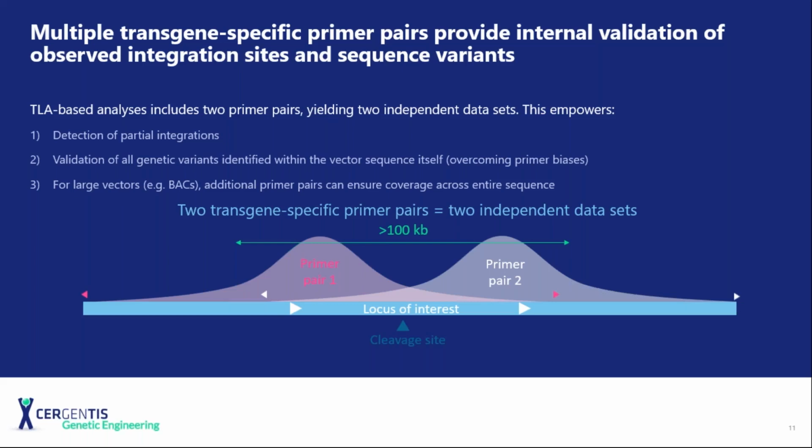And as we make use of two primer pairs specifically for the vector sequence of interest, this means that we can also detect the presence of partial integrations and identify any genetic variants, as the resulting data serves as an internal control. And of note here is that for very large vectors such as BACs, we can design additional primer pairs to ensure coverage across the entire sequence.